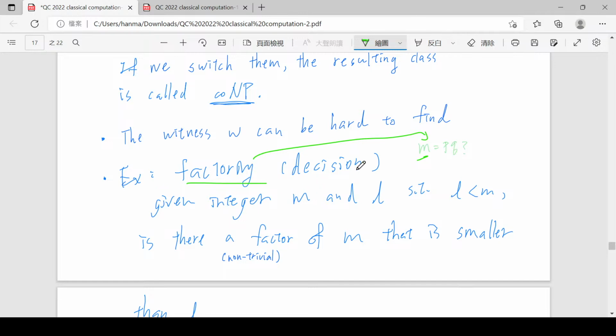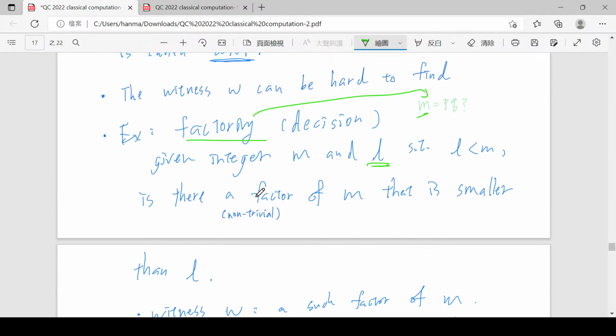Instead of just the input n, we also have this threshold L. L is some number that's smaller than n, and both of them are integers. Now the decision is whether there is a factor of n that's smaller than L. So this factor of n, you think of like p, and we're asking whether p is less than L.